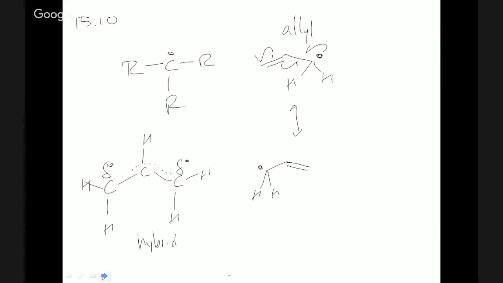So let's look at a mechanism. It's a pretty complex mechanism. Selective bromination with NBS. Remember that. You need to remember the lone pair on nitrogen here.